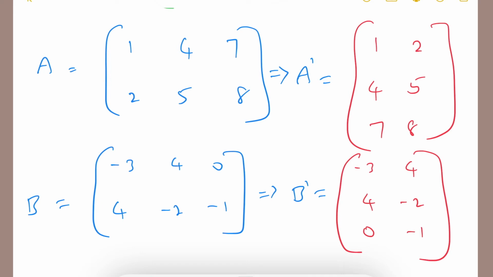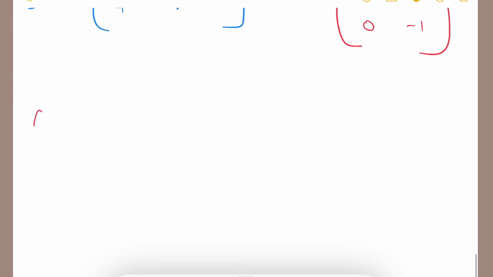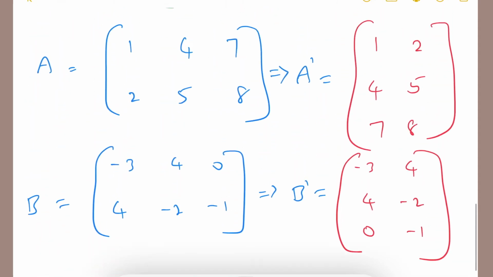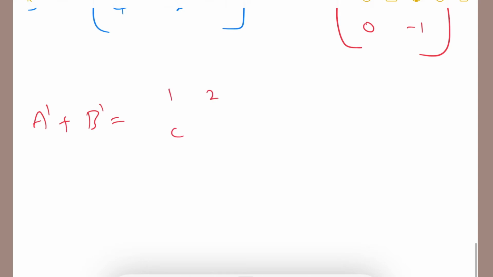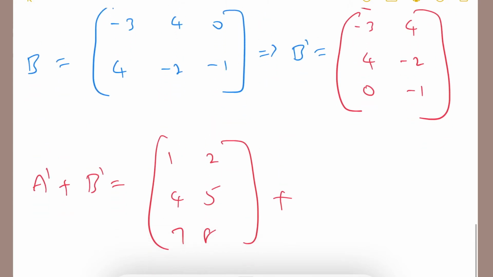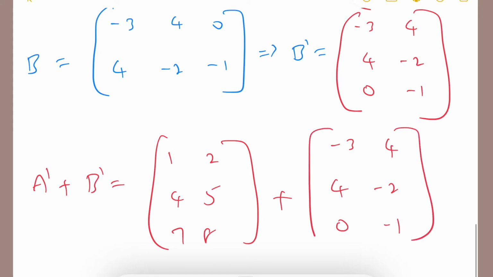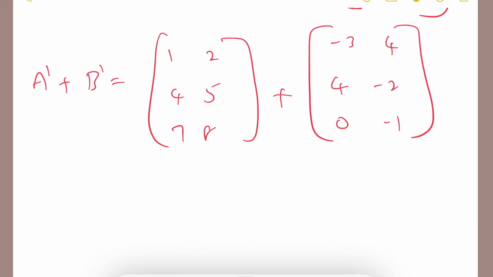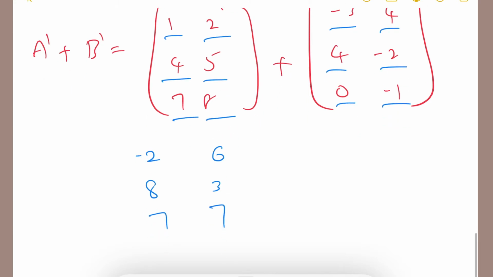So now we want A transpose plus B transpose. A transpose plus B transpose is equal to A transpose, [1 2; 4 5; 7 8], plus B transpose, [-3 4; 4 -2; 0 -1]. Let us add these two. 1 minus 3 is -2, 2 plus 4 is 6, 4 plus 4 is 8, 5 minus 2 is 3, 7 plus 0 is 7, 8 minus 1 is 7.